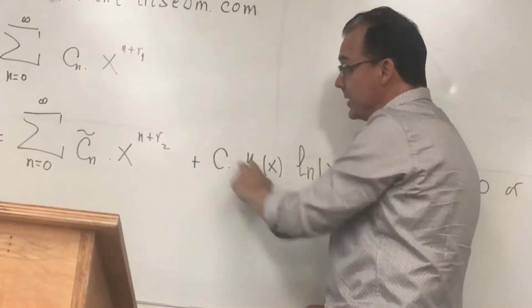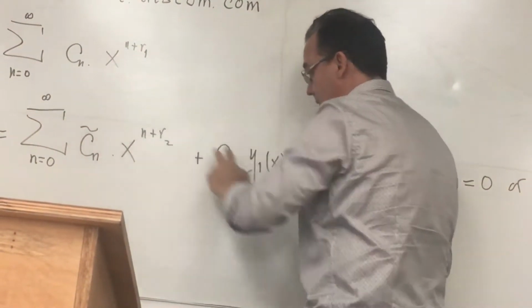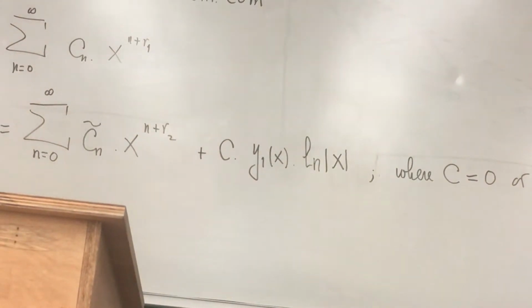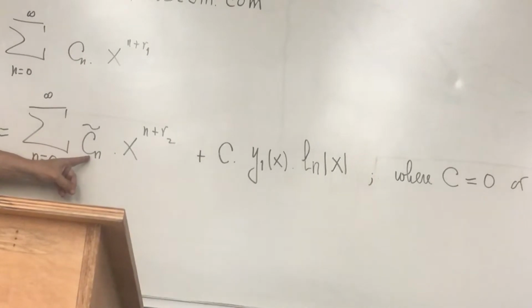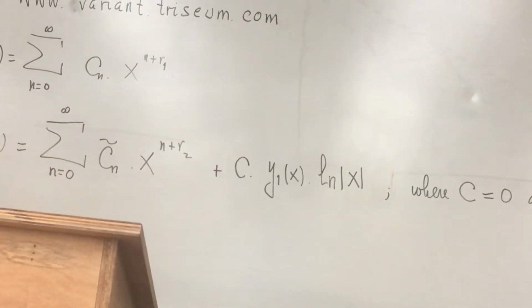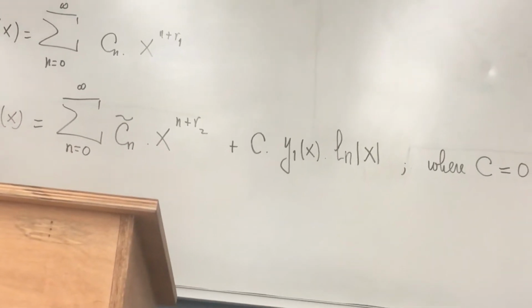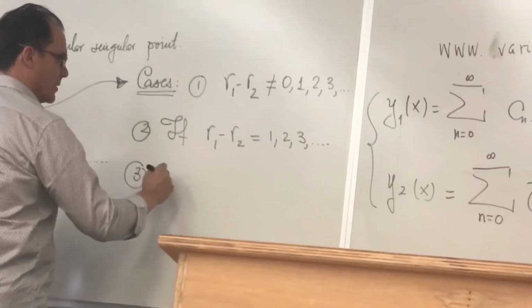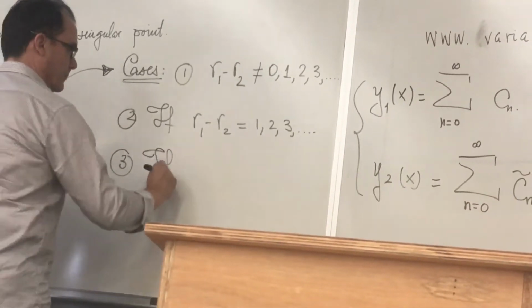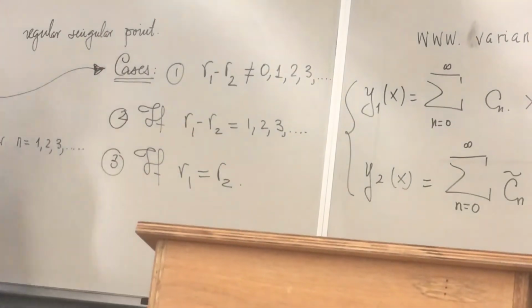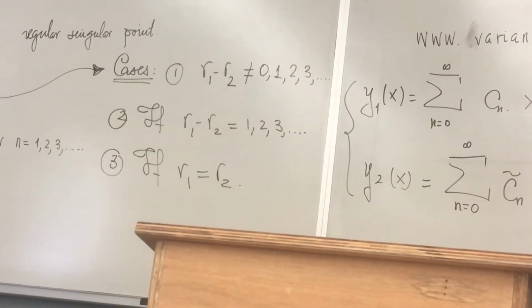Where this y1 is whatever you found up here, another power series. And that's when things get really complicated, in the sense that finding the coefficients of the second power series is more time consuming. And finally, the third case is the remaining one, when the two values of r are equal in the solution of the initial quadratic equation.